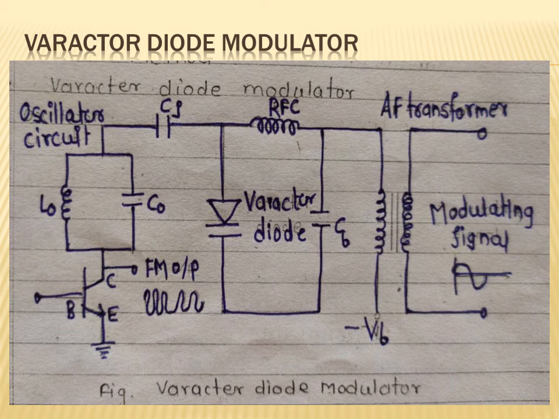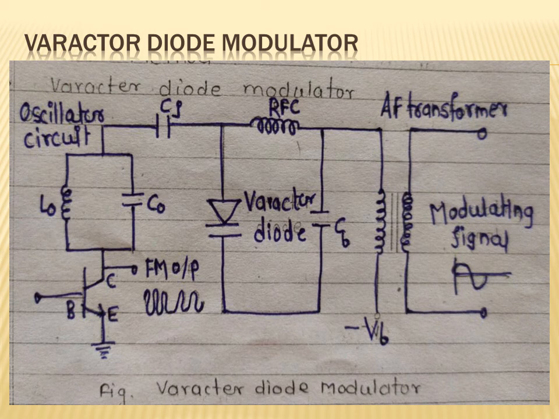See the figure, which shows the circuit diagram for the varactor diode. The modulating signal is applied to the primary winding of the AF transformer, and the primary winding is coupled with the secondary winding of the transformer.